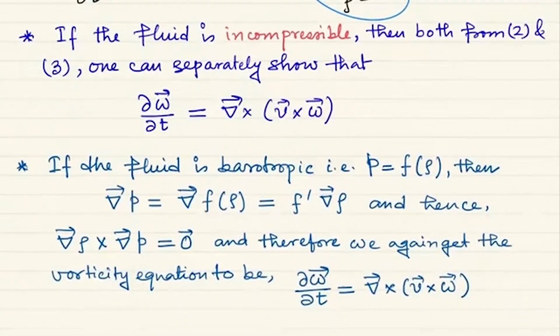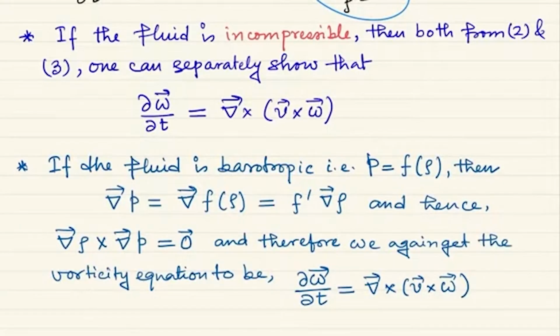Now that was the case for a simple incompressible ideal fluid. Of course, when we are talking about all these things, they are all inside the framework of ideal fluid, because in this part we are only discussing ideal fluids. We have not at all introduced anything for non-ideal things.